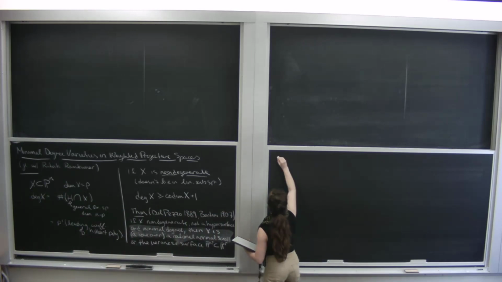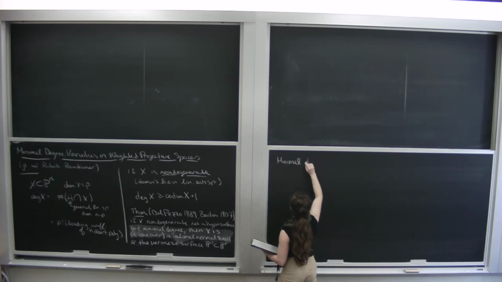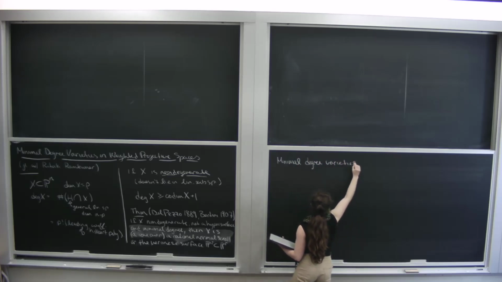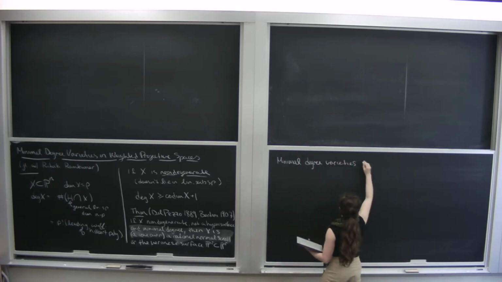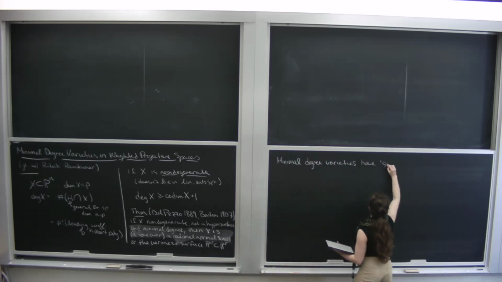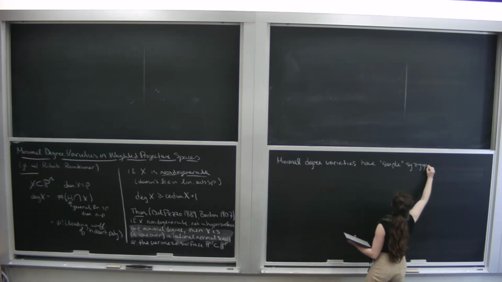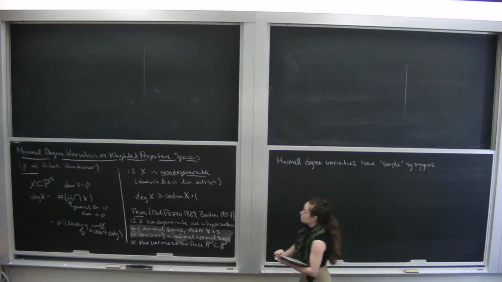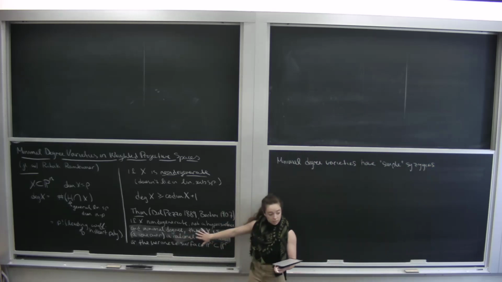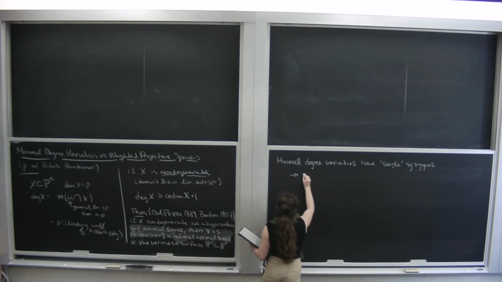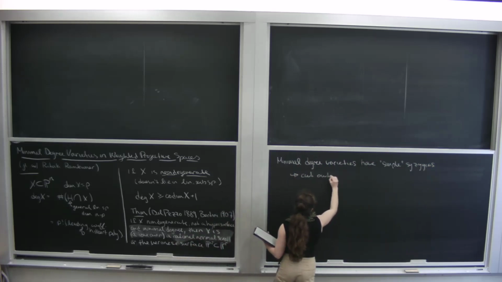So if I have a minimal degree variety, they have relatively simple syzygies. These are just some nice facts. In particular, all of these varieties that have minimal degree are cut out by quadrics.